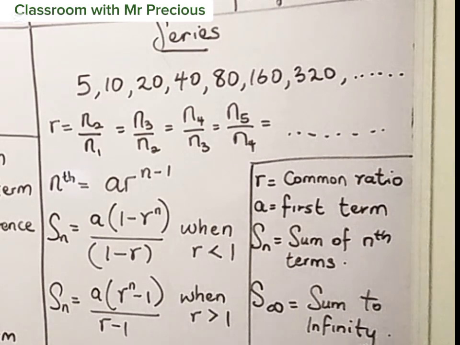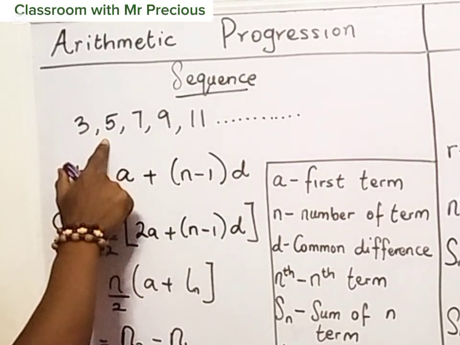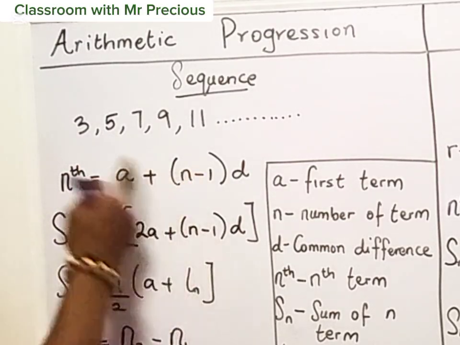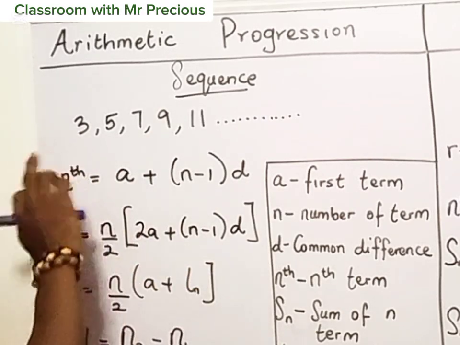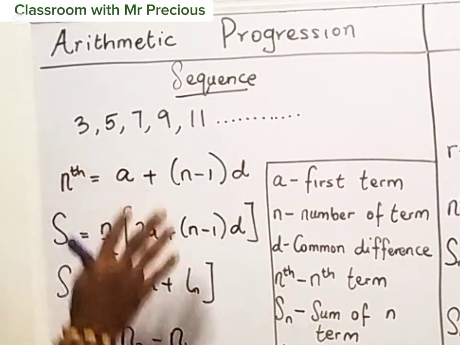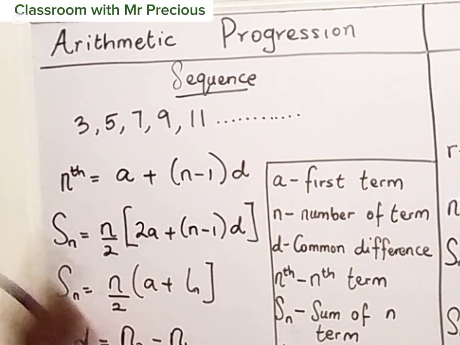But whenever a pattern of numbers is increasing by multiplying or dividing, you know that you're talking about series. If you look at this sequence, you can see plus. It can also be the other way around: 11, 9, 7, 5. But whenever there is plus 2, or plus anything involved, that common pattern of plus or minus is a sequence.